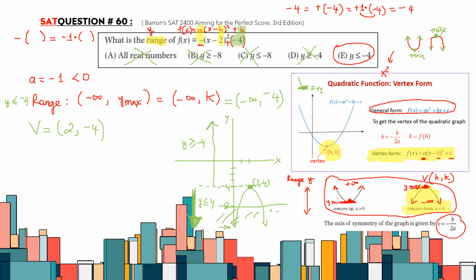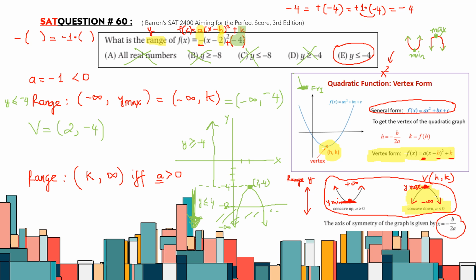So if you see the range for a quadratic equation, it will be from k to positive infinity if and only if the leading coefficient a is greater than 0.